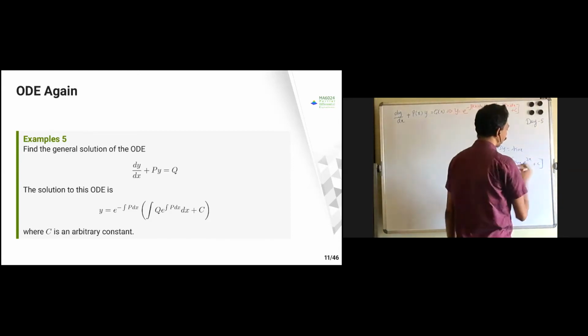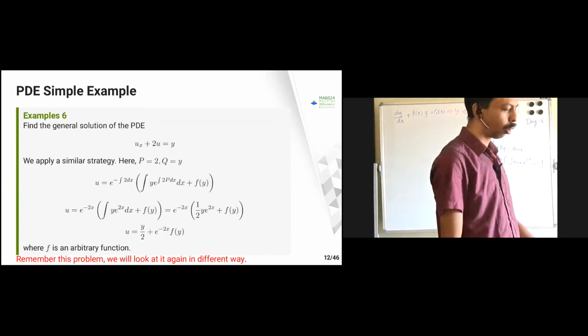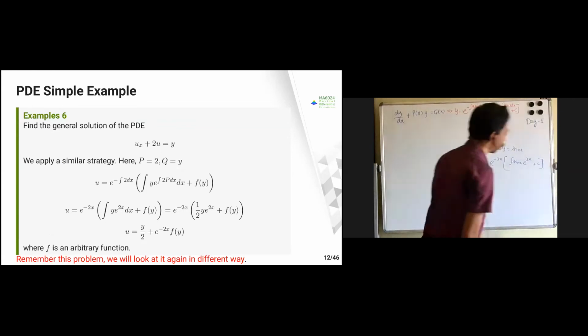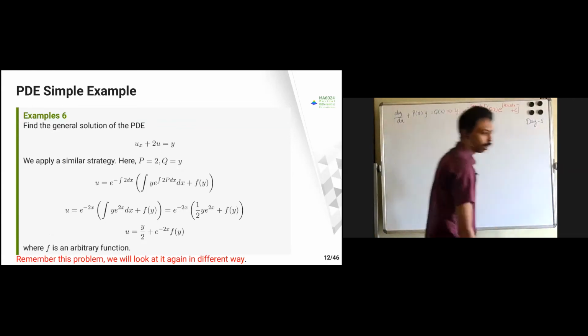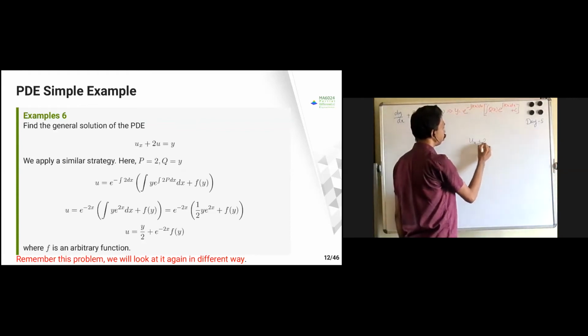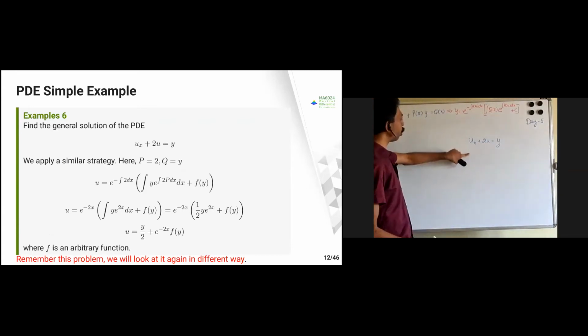Now we are trying to solve a similar problem in our PDE case. How do we solve? We have a problem like ux plus 2u equal to y. This is almost similar to what we have here. Instead of dy by dx, I have ux.